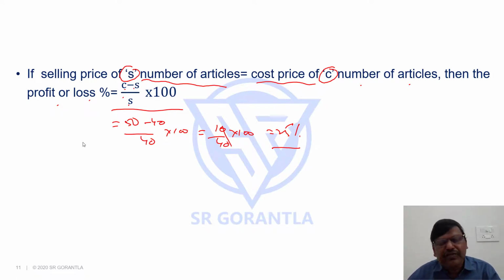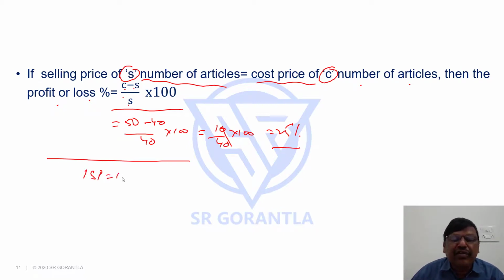Okay, if you don't recall this formula in the examination, how to go about it? Because it is percentage profit or loss, take an example. Let us assume the SP of one article is 10 rupees. What is the SP of 40 articles? 400. But by selling 40 articles, I can buy 50 articles, which means the selling price of 40 articles is equal to the cost price of 50 articles.